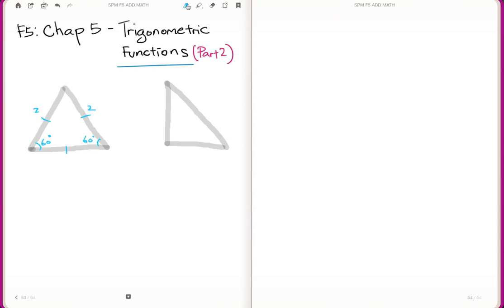And if I were to drop a bisecting line, my angle here would be the same as here, which is 30 degrees, and that would make the sides here 1 and 1.